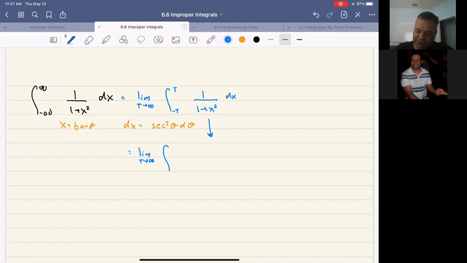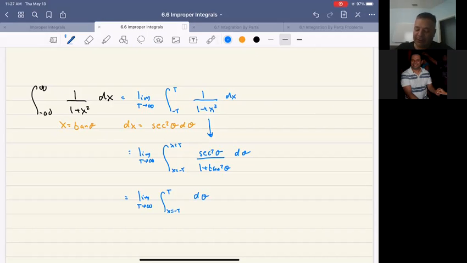Let's write this. So this is going to be, let's keep this as x equals negative t to t. I don't normally like doing that, but we're going to do that. So then we're going to have secant squared of theta d theta over 1 plus x squared. But that's just secant squared, so we're just going to have d theta.